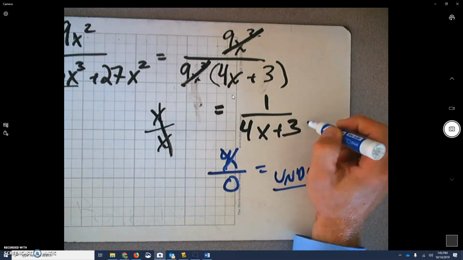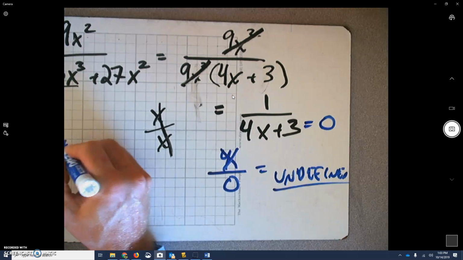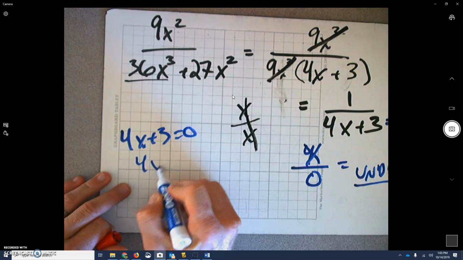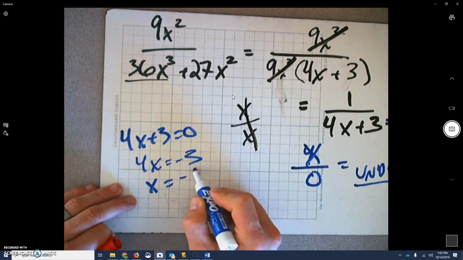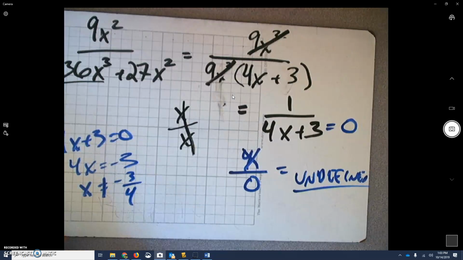So what we're going to do is set our denominator equal to 0 and solve for x. So 4x plus 3 equals 0. Subtract 3 first. And then finally, we're going to divide by 4 on both sides. So x cannot equal negative 3/4.